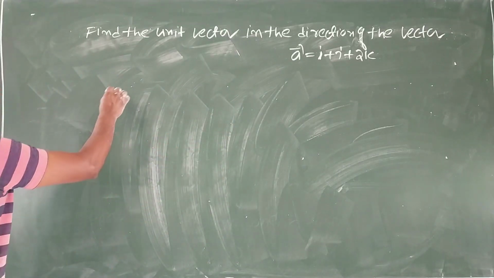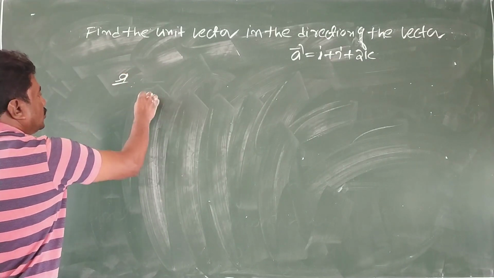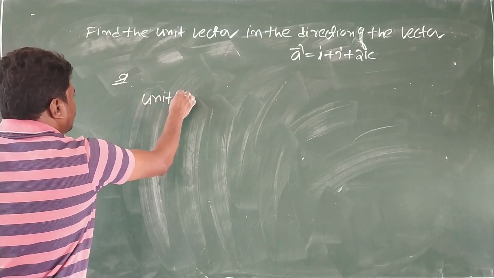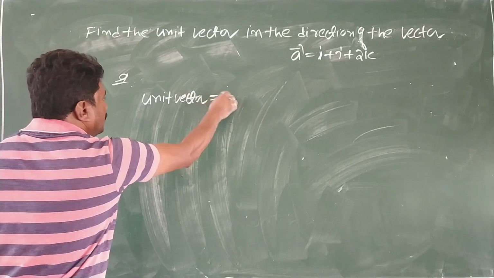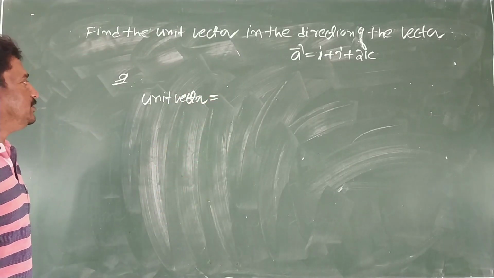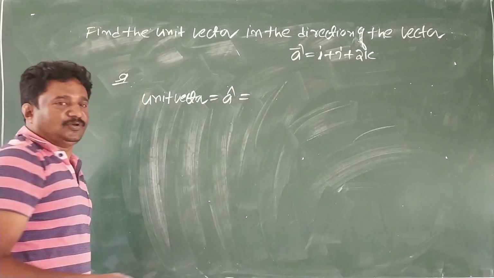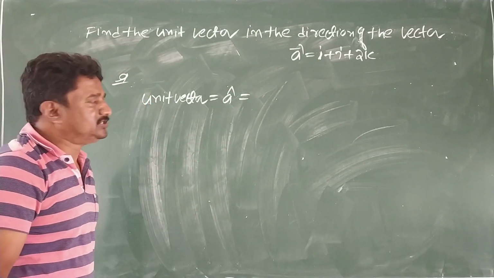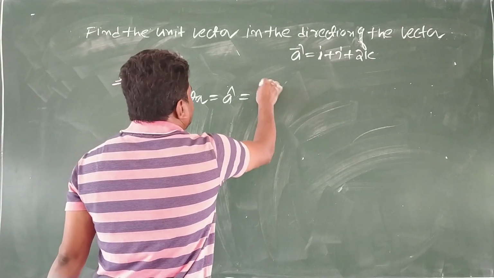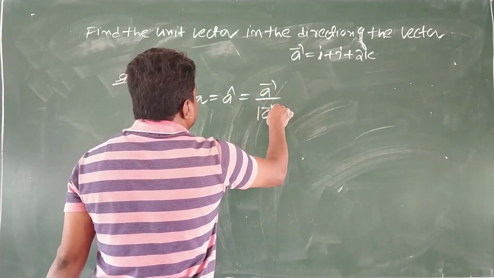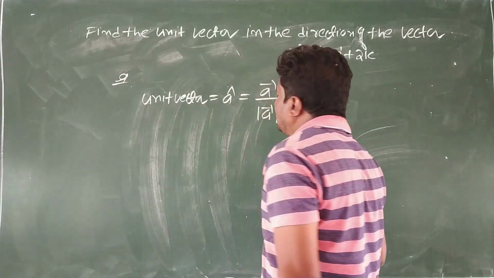Solution: unit vector. How do you represent a unit vector? Vector by its magnitude, A cap. So tell me how much is the magnitude of vector A?